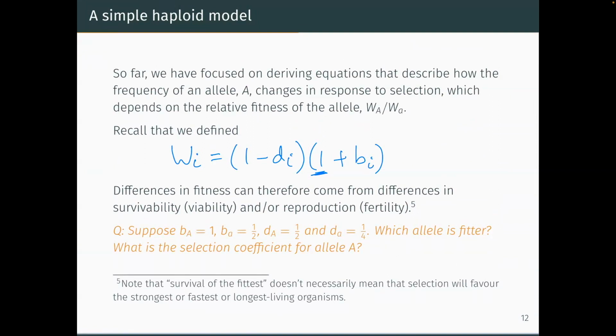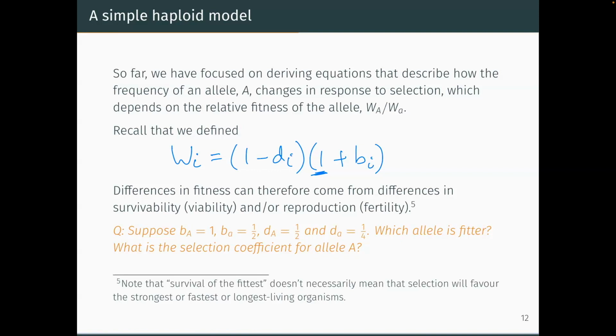Likewise, you might reproduce a lot, but if everyone dies straight away, it doesn't matter. So we do need to factor in both survival and reproduction. It also means that differences in fitnesses between different alleles and genotypes in the population can come from differences in survivability, referred to as viability, and also reproduction or fertility.